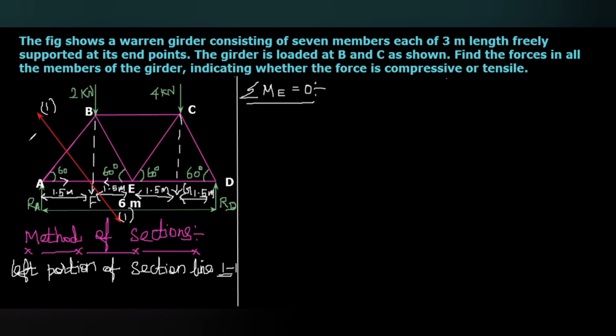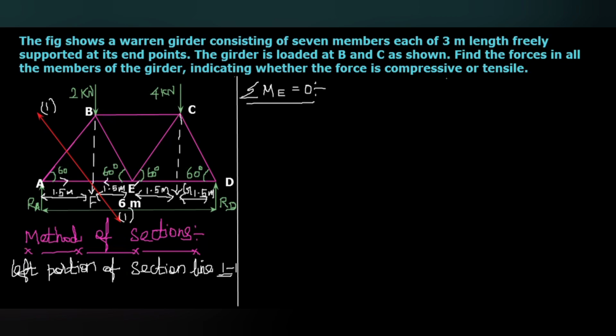Here, you can see in this considered portion, there are three forces. That is forces in the member AE, upward reaction force RA, and forces in the member AB.